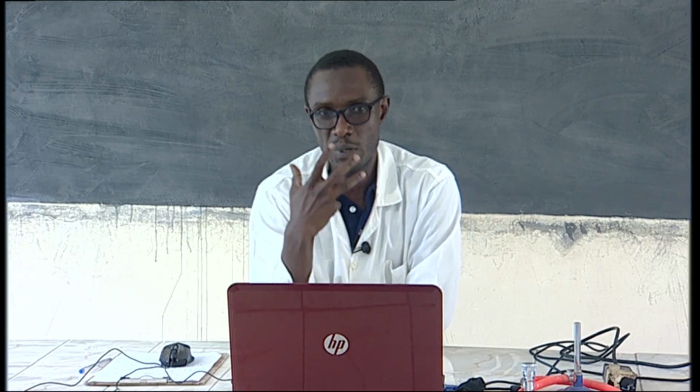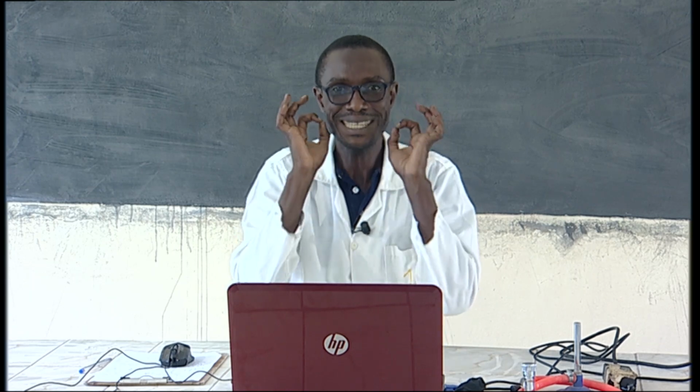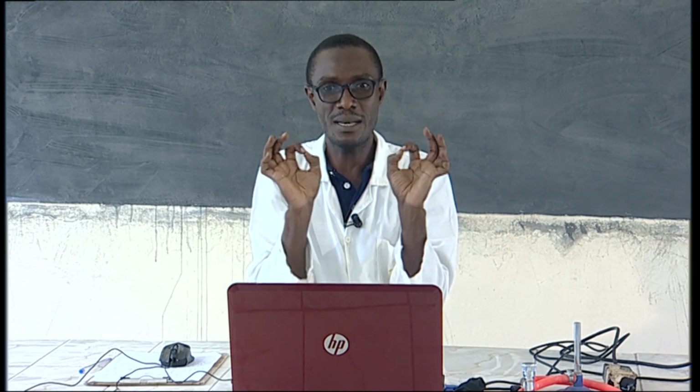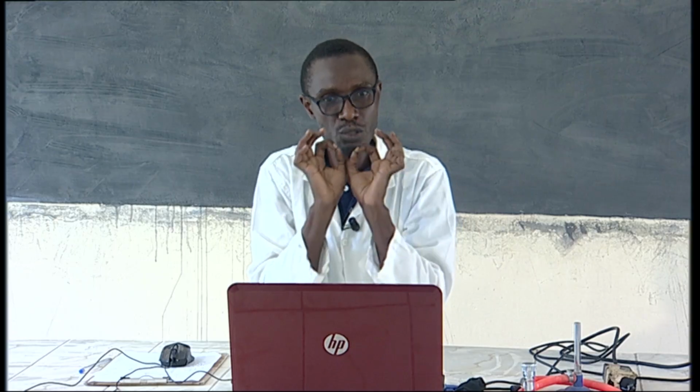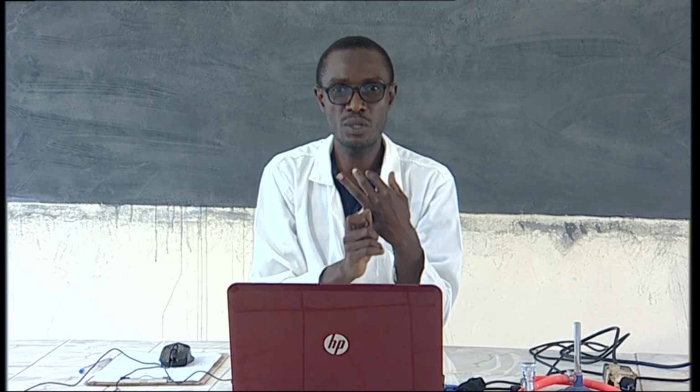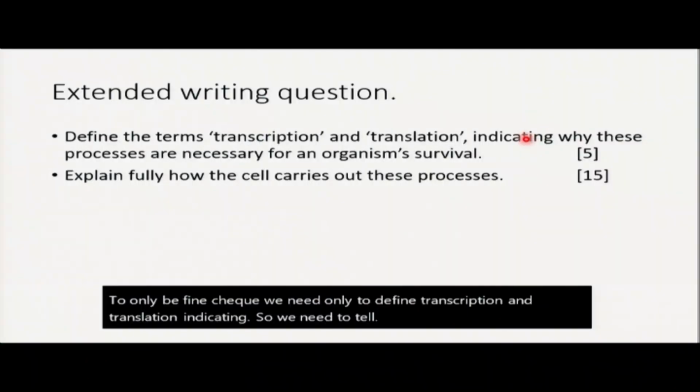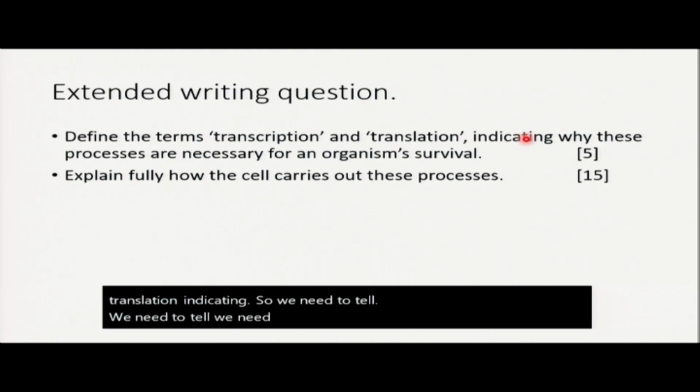So if you've read the question very well, they say we need only to define transcription and translation, indicating, so we need to tell. We need to be able to show precisely why these processes are actually important in our bodies.